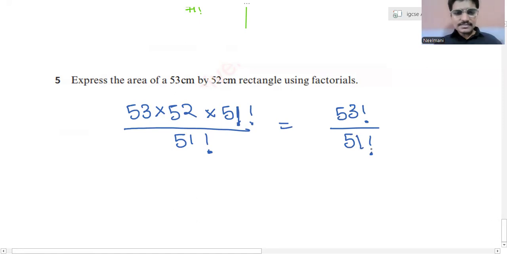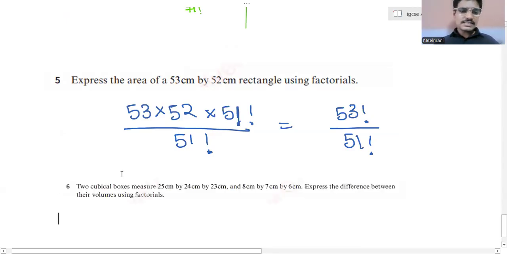So when we expand this 53 factorial, you would get 53 into 52 into 51 factorial. So basically, we are reversing the process. The whole aim of this exercise is just to learn how factorial works, because in the upcoming exercises, you would need this. The basic structure of factorial is how it works.